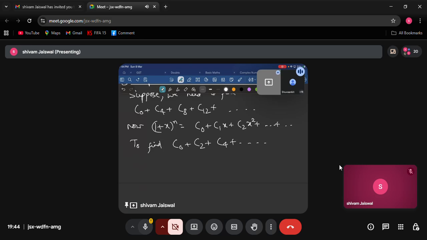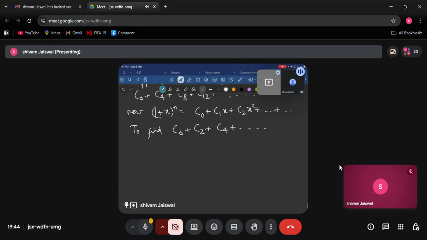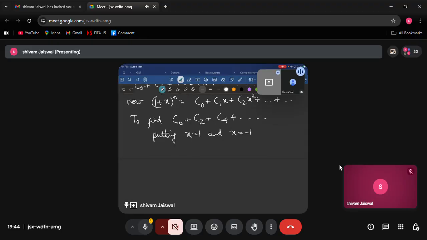So what shall we do? First of all, I'll substitute 1, and then I'll substitute minus 1, and then I'll add. Putting x equal to 1 and x equal to minus 1, what are we getting? We get 2 to the power n is equal to C0 plus C1 plus dot dot dot up to Cn. And putting minus 1, this will be 0 is equal to C0 minus C1 plus C2 dot dot dot minus 1 whole to the power n Cn.